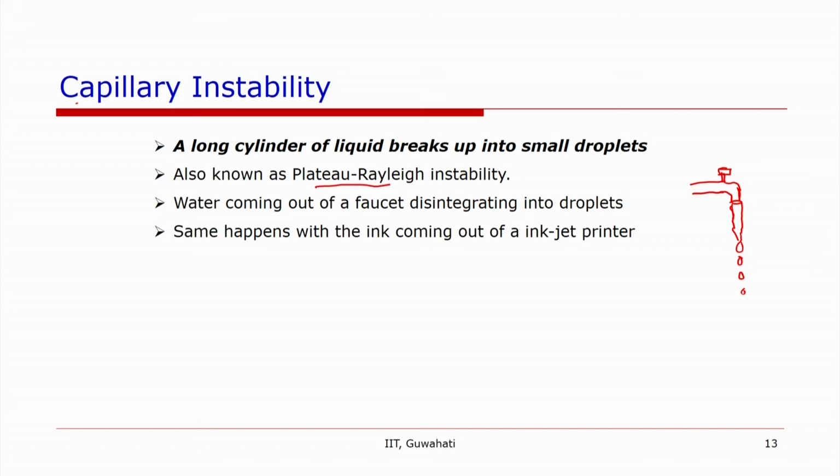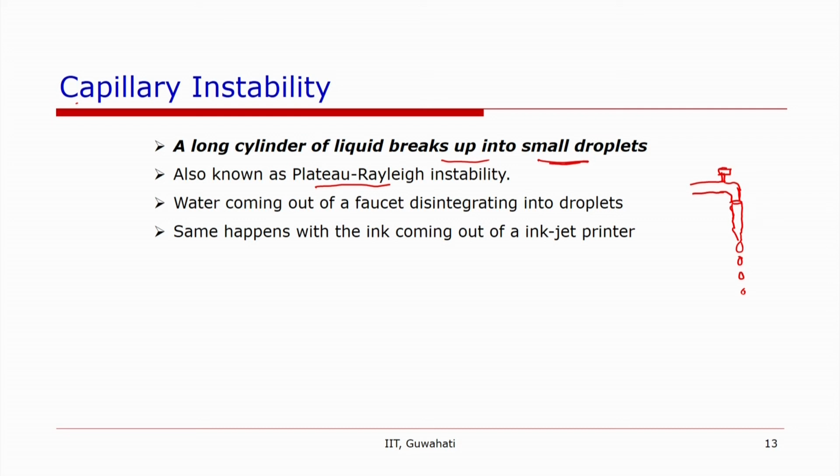In this case, the instability says that a long, static cylinder of liquid breaks up into small droplets, and the wavelength lambda at which it breaks up is equal to 2 pi r of the jet.